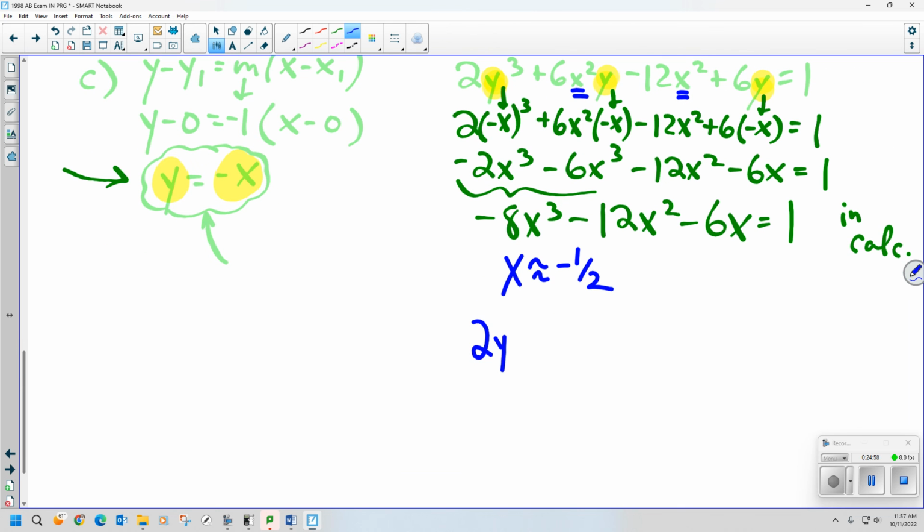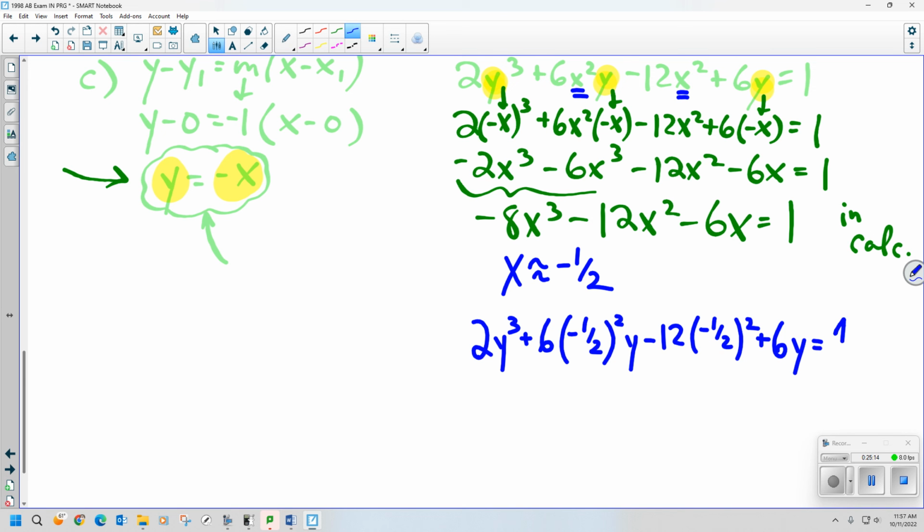So I've got 2y cubed plus 6, now my x is negative 1/2, squared y, minus 12 times negative 1/2 squared, plus 6y equals 1.